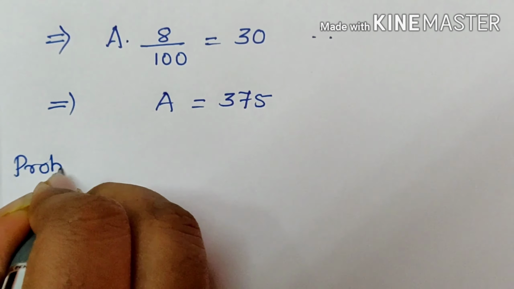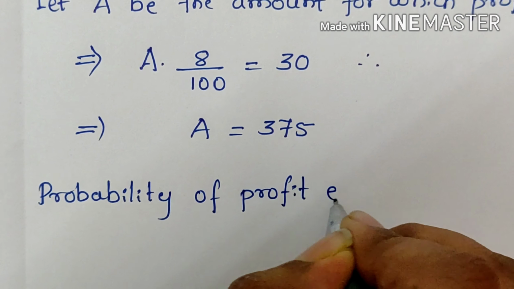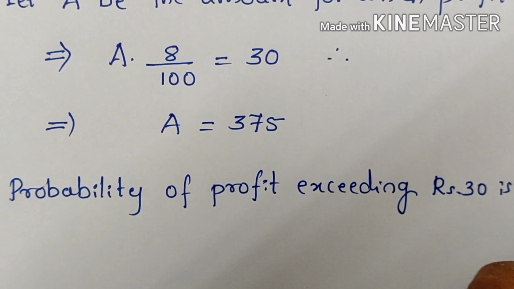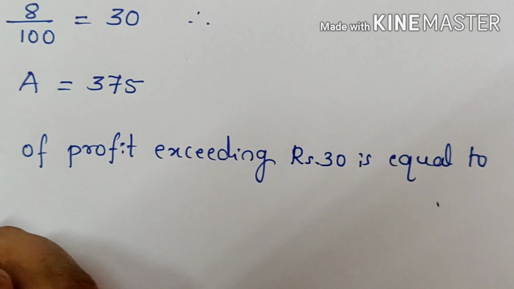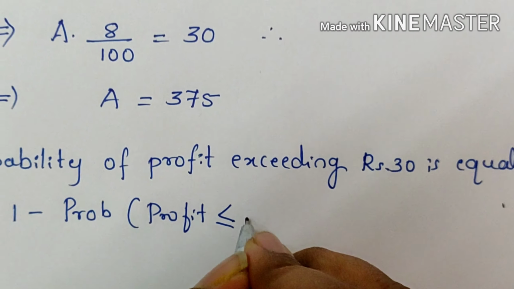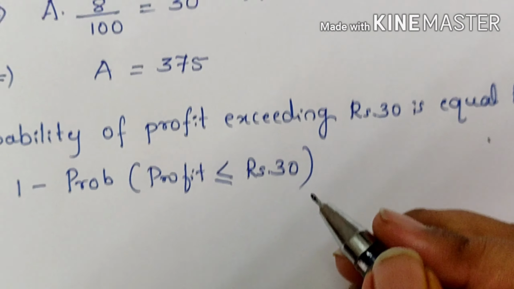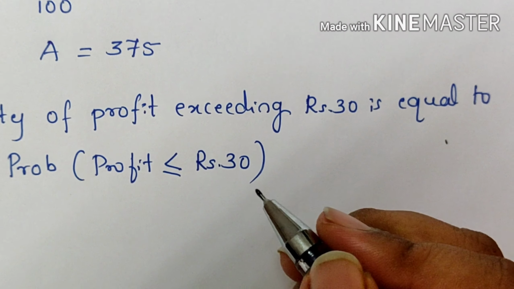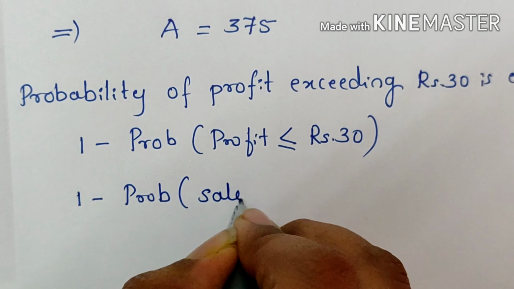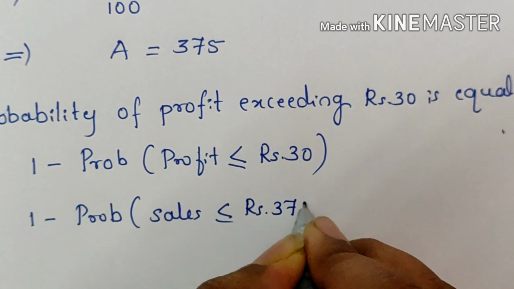Now we need to find the probability of profit exceeding rupees 30, which is equal to 1 minus the probability of profit less than or equal to rupees 30. Exceeding means we need 1 minus the probability of less than or equal to 30. To get profit less than or equal to 30 means sales less than or equal to rupees 375.